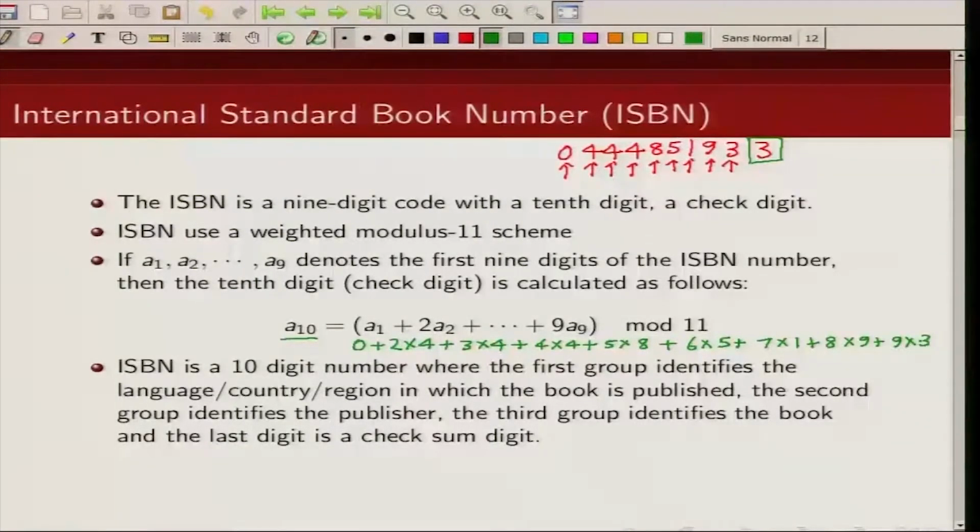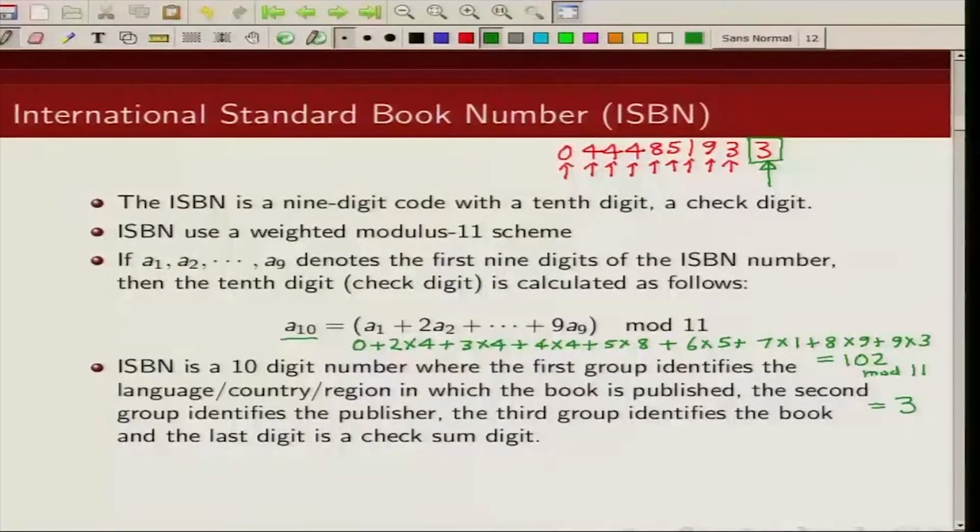And this comes out to be 102. Now, 102 modulus 11: 11 nines are 99, so it will be 3 modulo 11. So, 102 modulus 11 is going to be 3, and that is precisely our check digit.